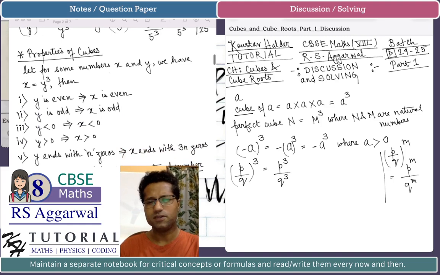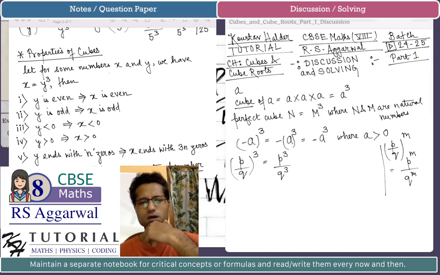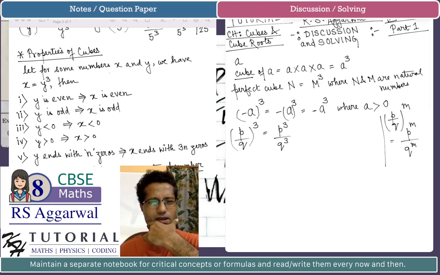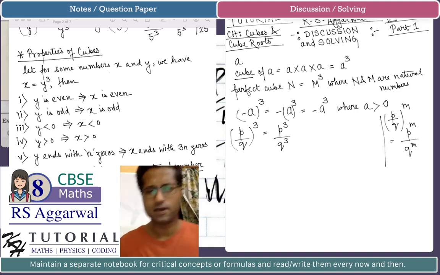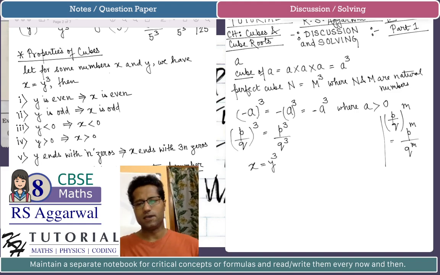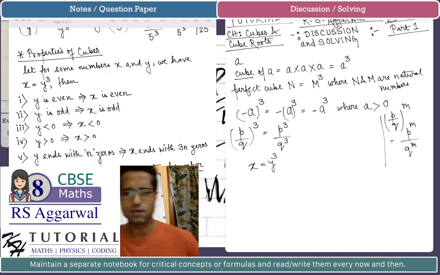Now properties of cubes. So how many properties do we have? Let's say we have some numbers x and y, such that x is equal to y cube. That is, x is the cube of y.